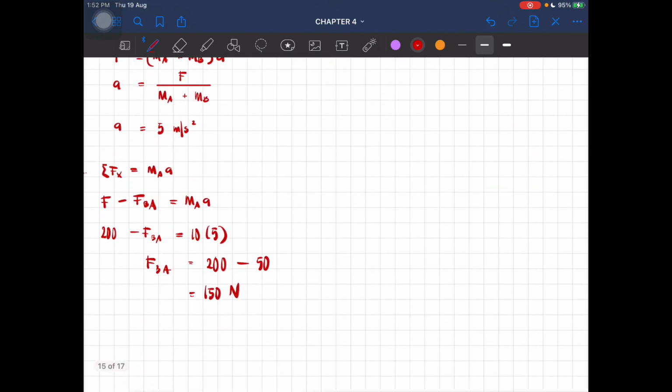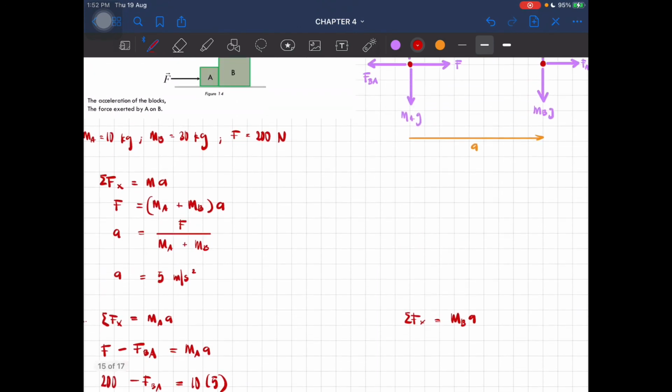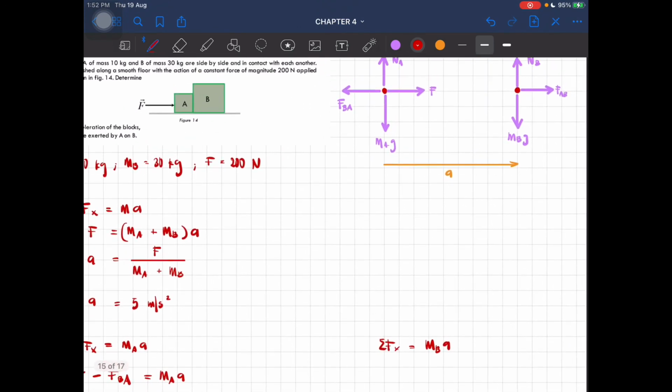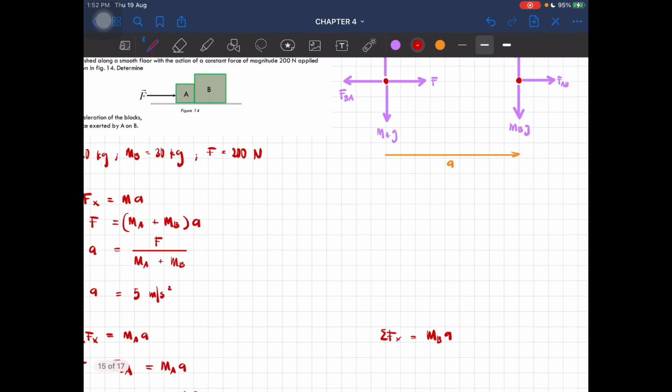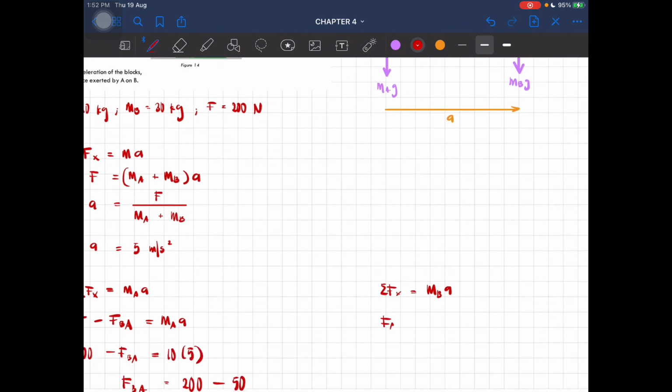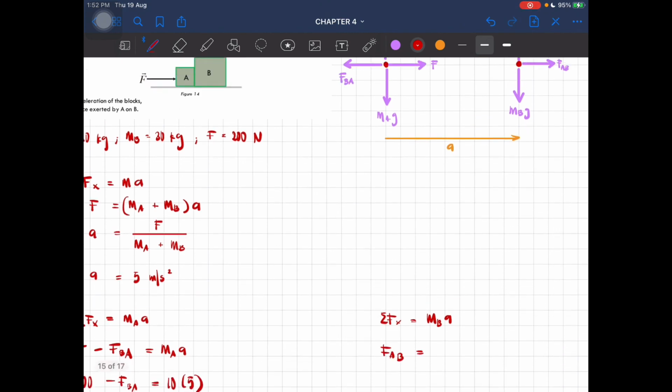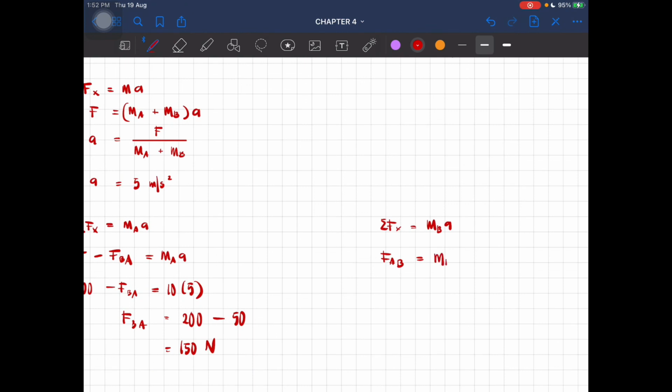then you'll get 150 Newton for the force exerted by A on B. Or you can use the other object, which is FAB equal to mB a. The answer is the same, supposedly. If it's not the same, it means you made a mistake. So FAB equal to mB a, so mB is 30 times 5, which is 150 Newton.